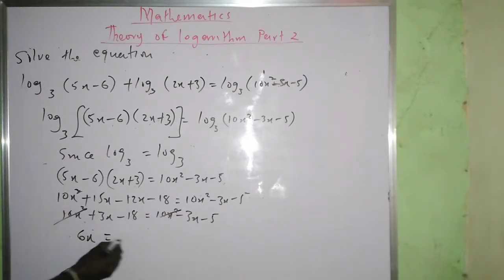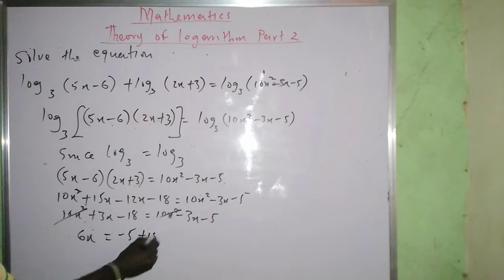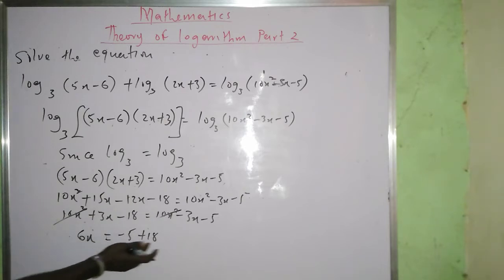Then minus 18 and plus 5: 18 minus 5 is going to be 13.